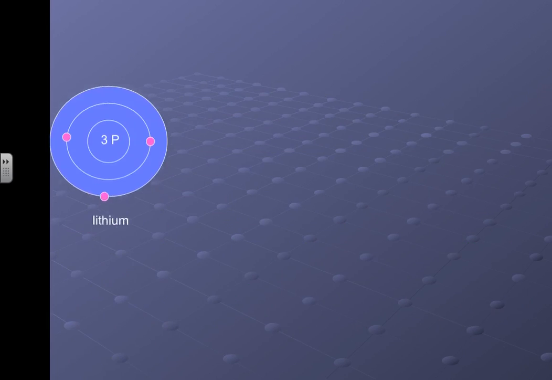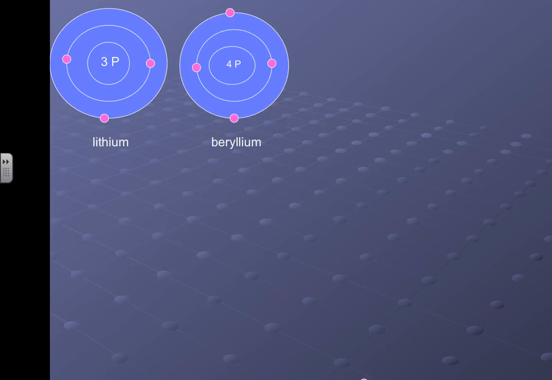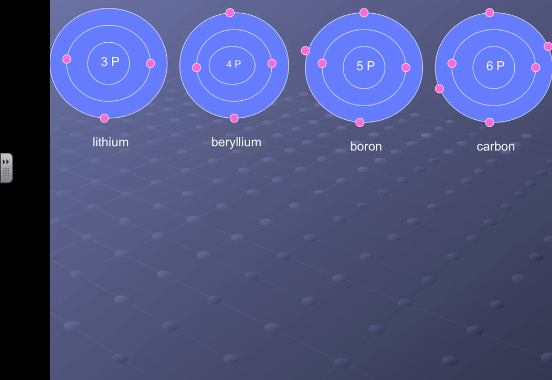Okay, so to specifically focus on ENC, what I would like to do is present to you 4 atoms. So you can see we have lithium, beryllium, boron, and carbon. The 3p, 4p, 5p, 6p inside represents what's inside the nucleus. So this very inner ring right here should be kind of a darker, heavier line. That's the nucleus.